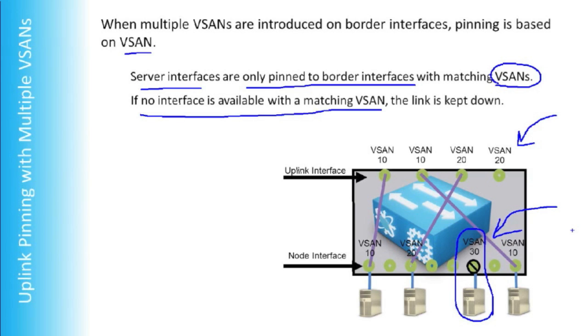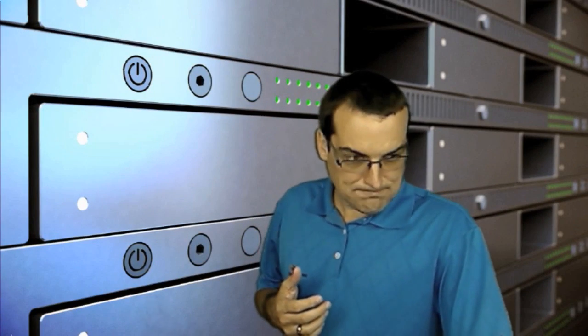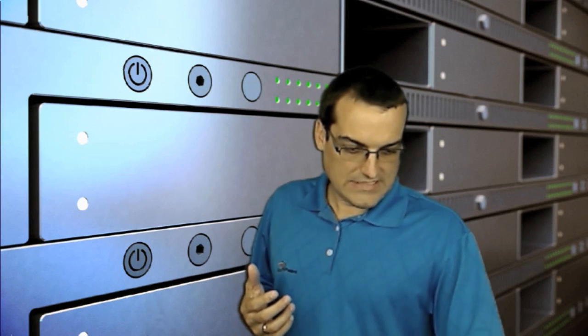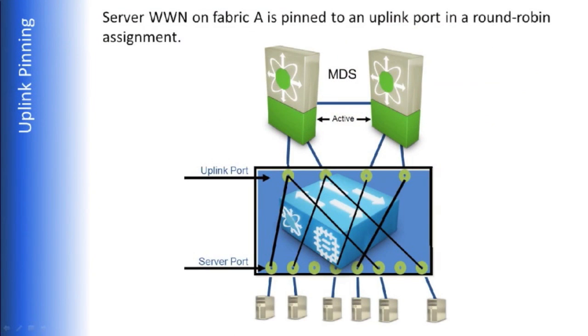For the uplinks, what's going to happen with this concept of uplink pinning? Well, again, it's going to follow just what we saw with the uplink pinning in the virtualized environment. So let's take a look at this. Just like with our LAN environment, these server worldwide names on a particular fabric are going to be pinned to uplink ports in a round-robin assignment.